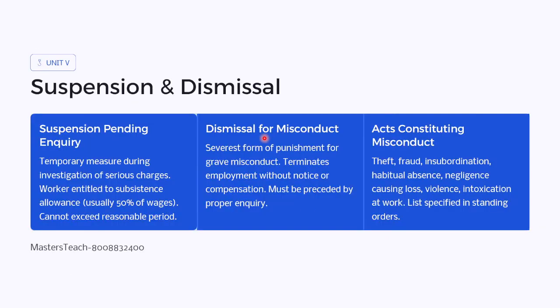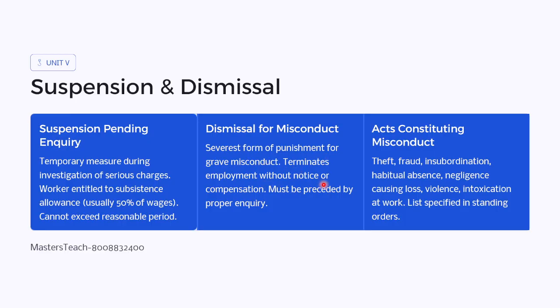So suspension and dismissal. Suspension pending inquiry is a temporary measure during the investigation of serious charges. The worker is entitled to subsistence allowance, usually 50% of wages, and it cannot exceed a reasonable period. Dismissal for misconduct is the severest form of punishment for grave misconduct.